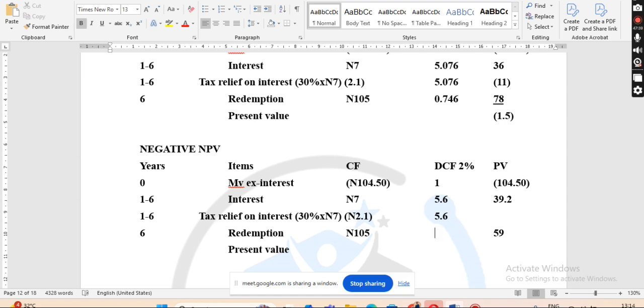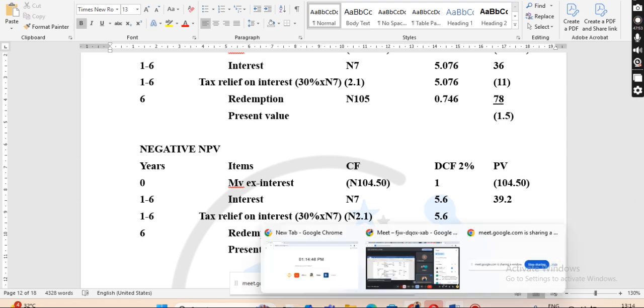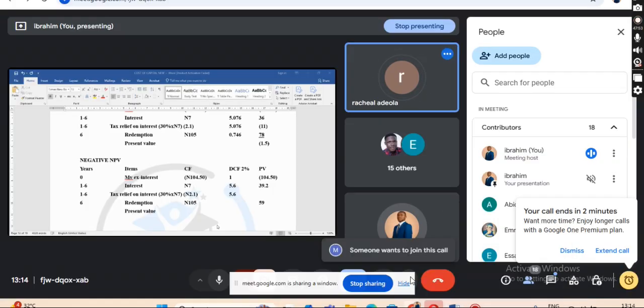Quickly, what is the present value? Negative 12. The present value for the tax relief is minus 12.